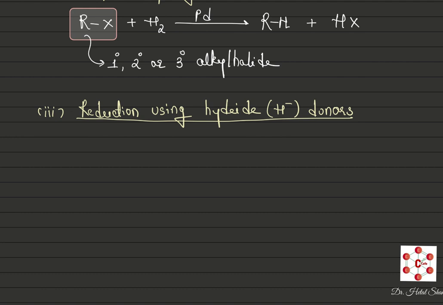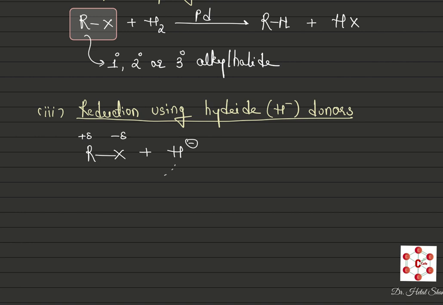Let us take up this. So we take up RX, and any hydride donor would give you H minus. Now H minus would always attack the partially positive alkyl group.